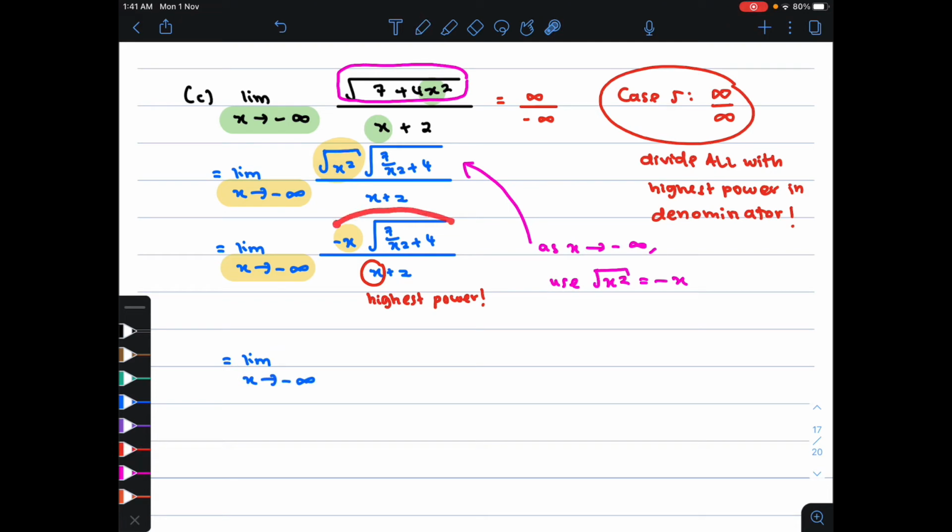Let's do for the numerator first. Numerator is just one term. So everything here should be divided by x. And we can actually rearrange this so that it is just negative x divided by x.